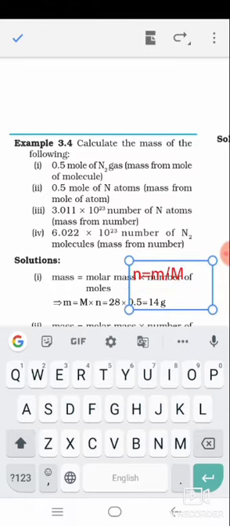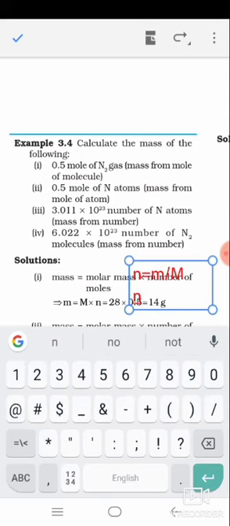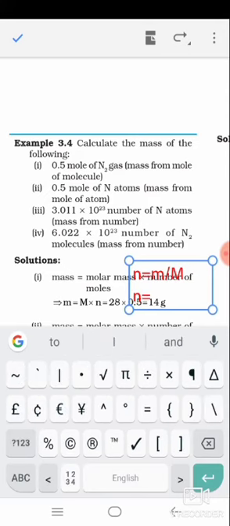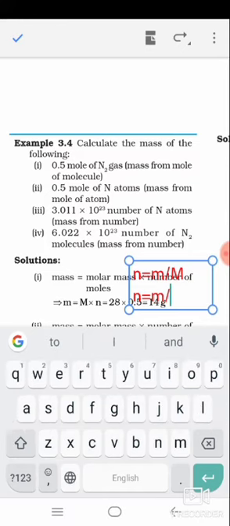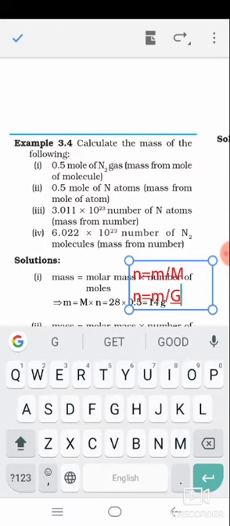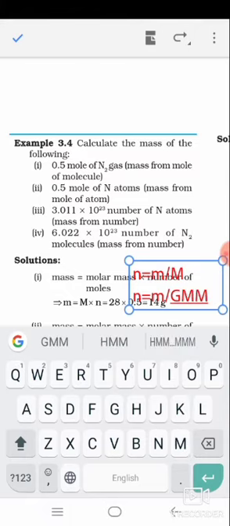So here N2 stands for what? Molecules. So here n is equal to m divided by capital M, which is GMM, gram molecular mass, because N2 is a molecule.